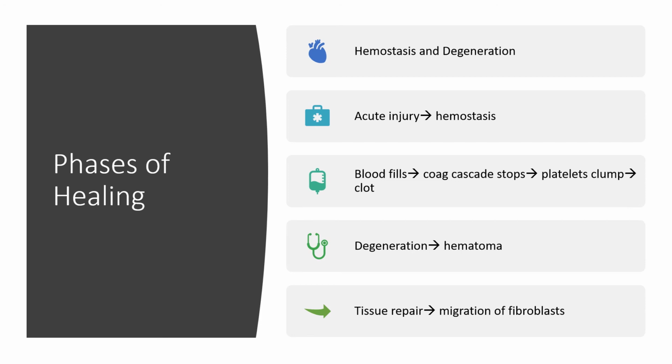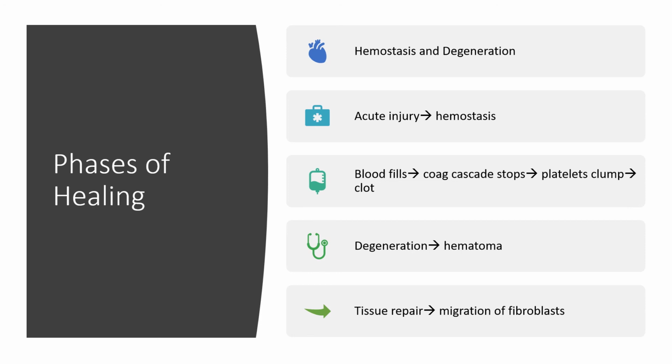However, eventually we need to remove that blood clot, and that is removed through a process known as degeneration. The degeneration stage is characterized by a hematoma, which is a necrosis of dead cells and the start of the inflammatory cell response. And the tissue is going to be repairing itself, or attempting to repair itself, when the fibroblasts migrate to that area.